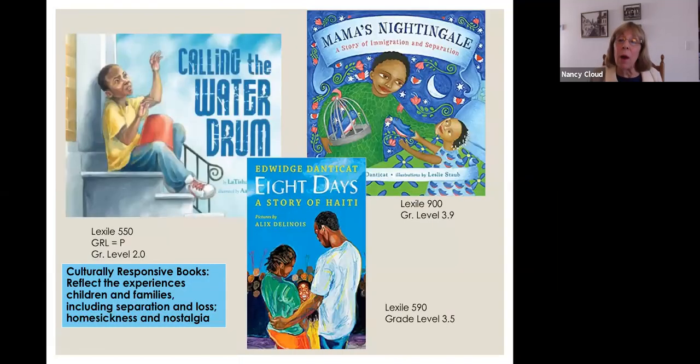And likewise, sometimes there are painful experiences that children need to be able to talk about that they've experienced. Sometimes children experience separation from family members that they love so much, and now they don't get to see them because they moved to the mainland or the continental US, and maybe they actually experience loss.